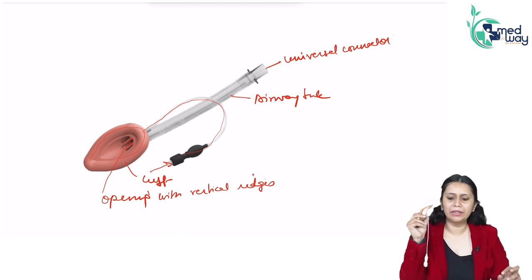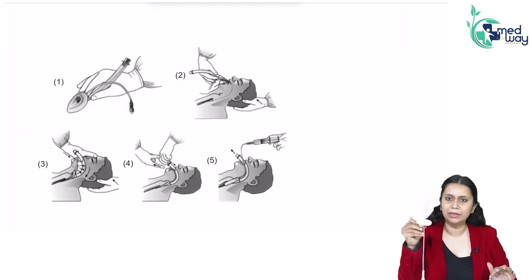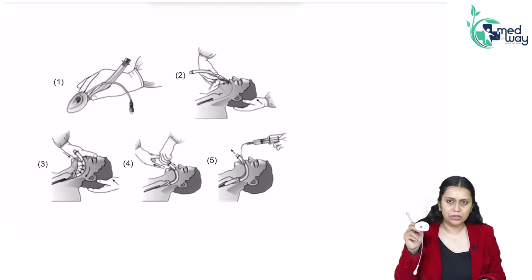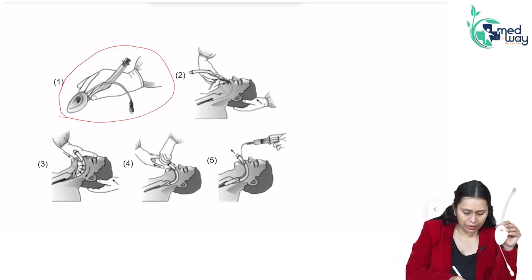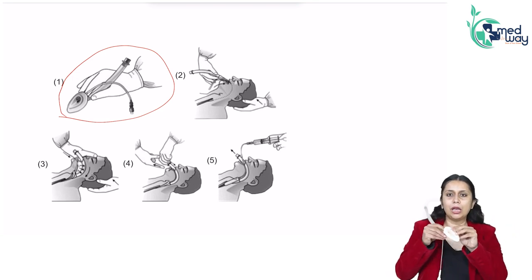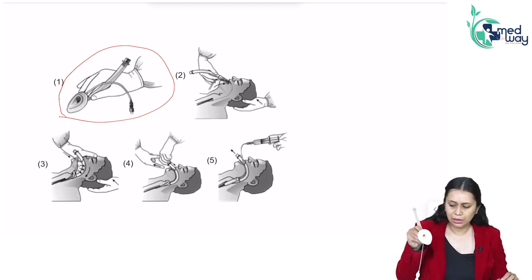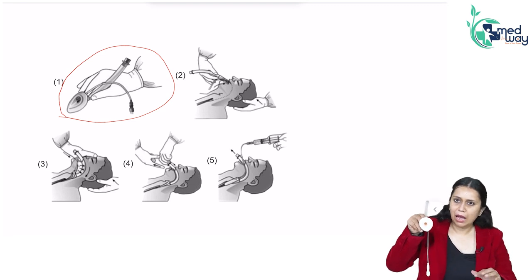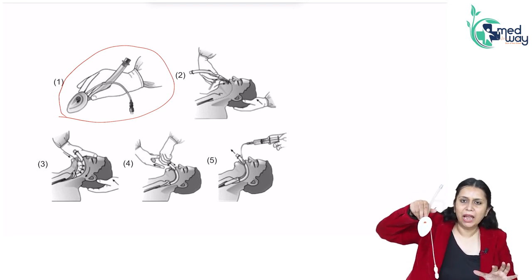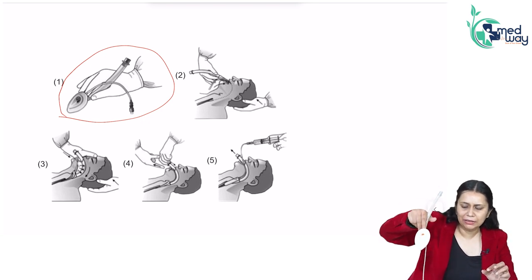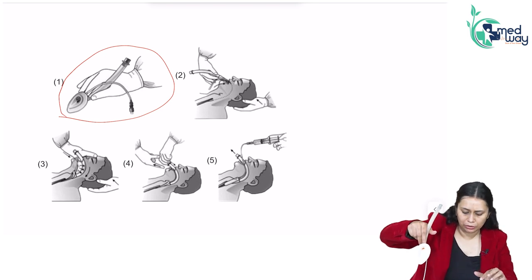Like any other airway device, it is held in the dominant hand. So if you see image 1, how do we hold it? We hold it in a pen holding fashion. So I am holding it in a pen holding fashion, and then I open the mouth of the patient, and with pressure applied through my finger, I make it flat on the posterior pharyngeal wall and start applying pressure down, down, down.